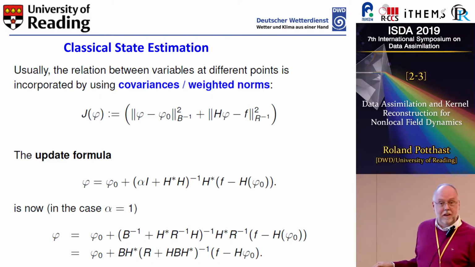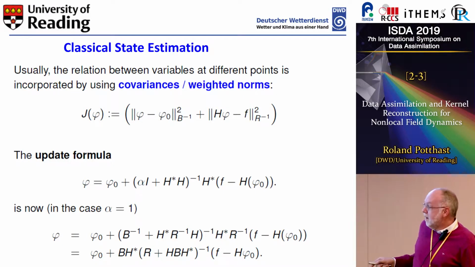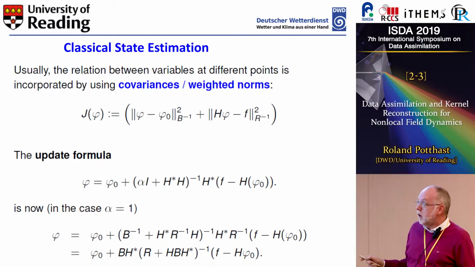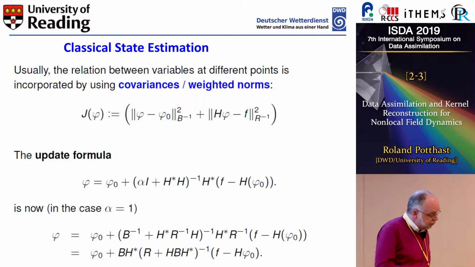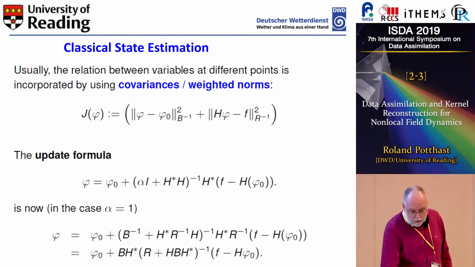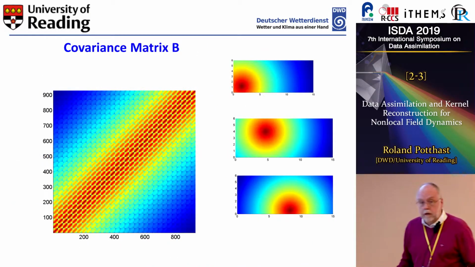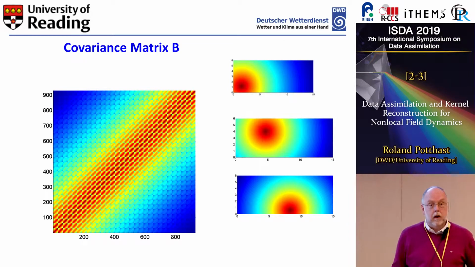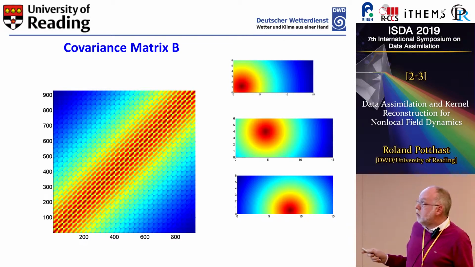As we had all this already in the first talk. And the star is for the adjoint here in a proper scalar product. If I use the scalar product with the B and the R, this is what I get actually. And so you can just use this as a state estimator by minimizing this problem. If it's linear, you get this type of thing. So you can do this, and you need a covariance matrix. And for the brain, you usually don't have this, and you can't measure it in detail. So you might just use a Gaussian covariance matrix.